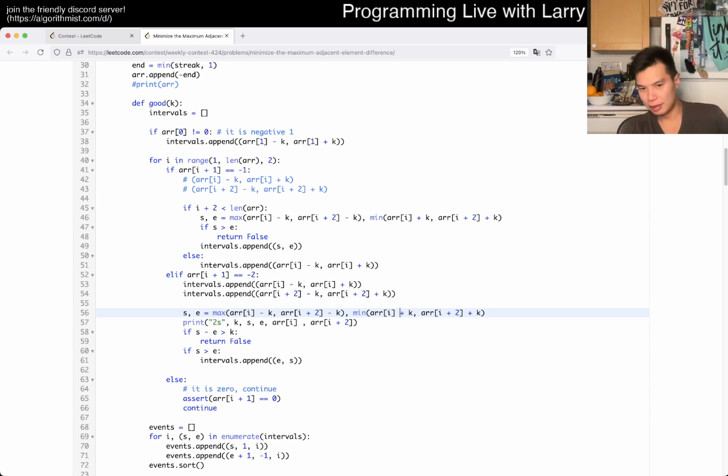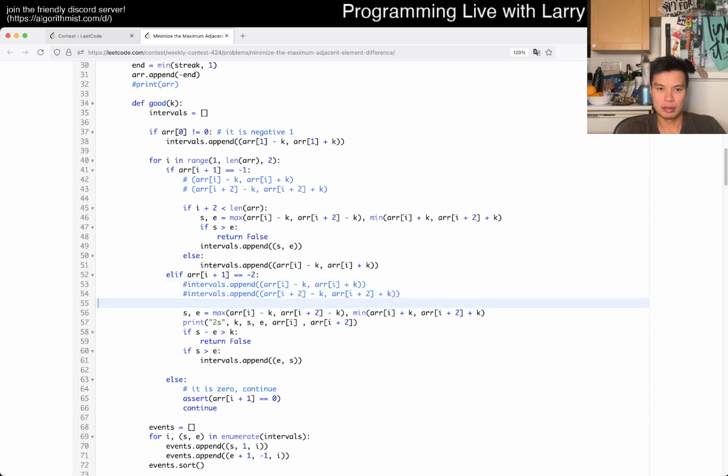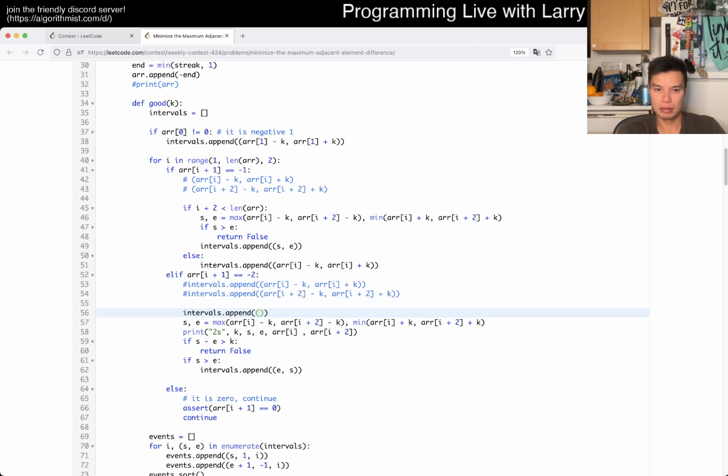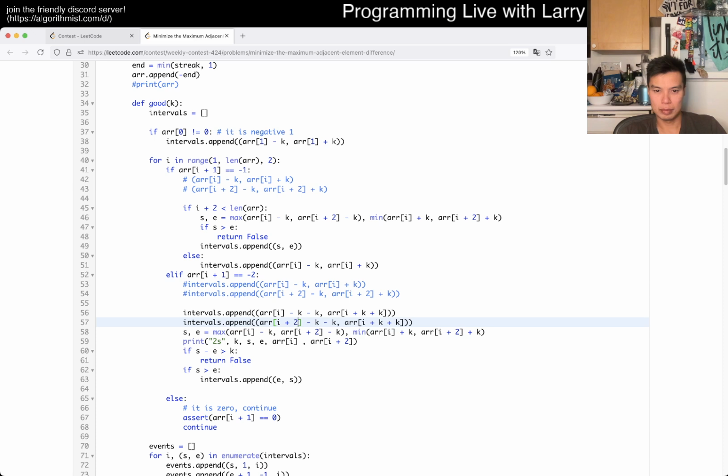What is this interval that I'm trying to figure out? And maybe this is not quite right. How do I keep making the same mistakes?